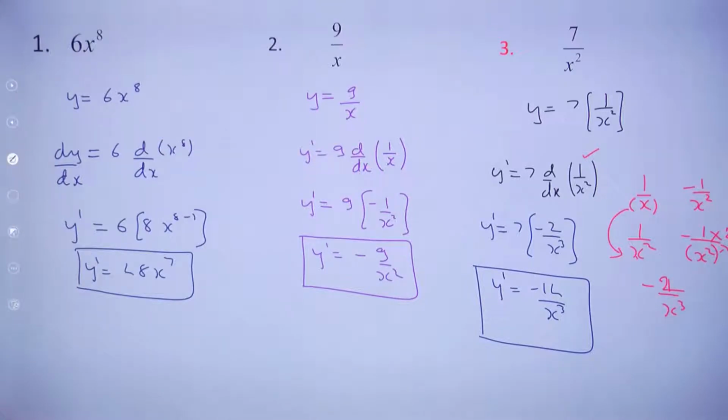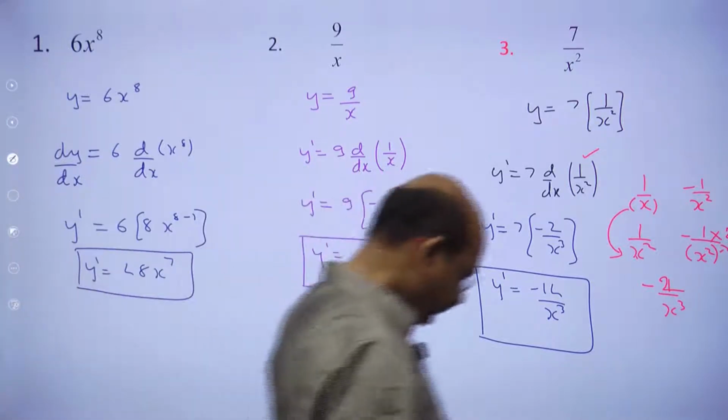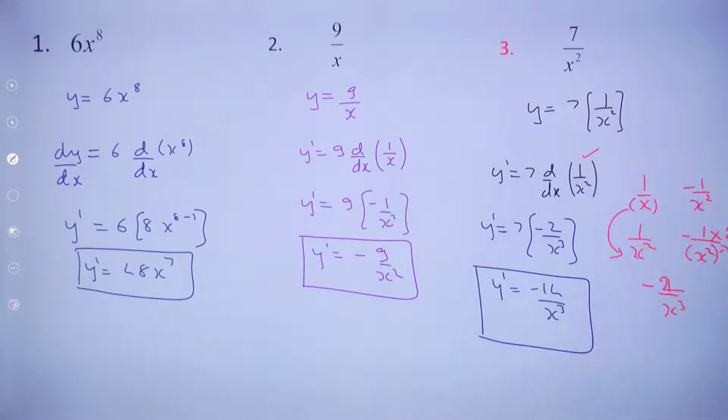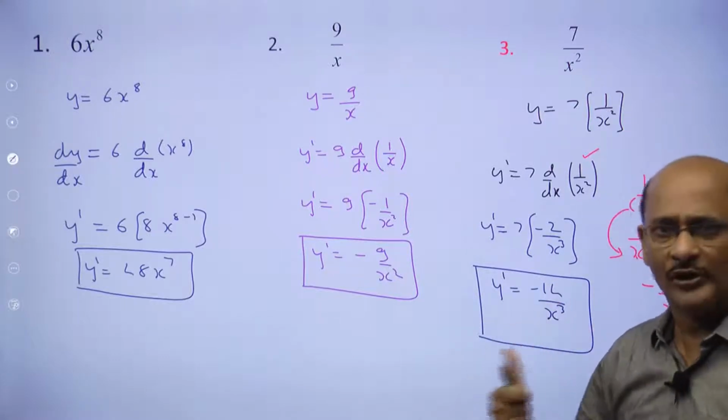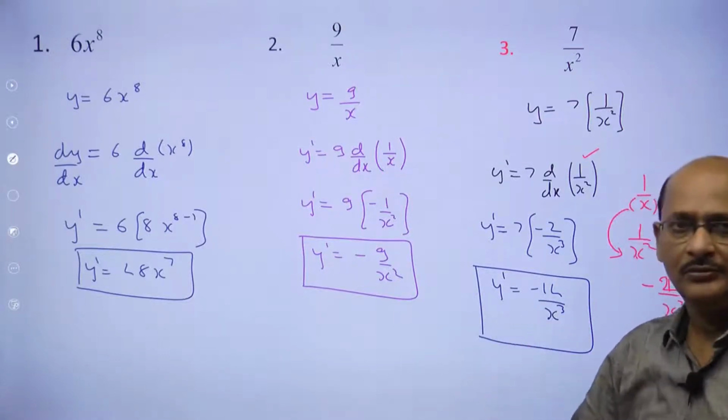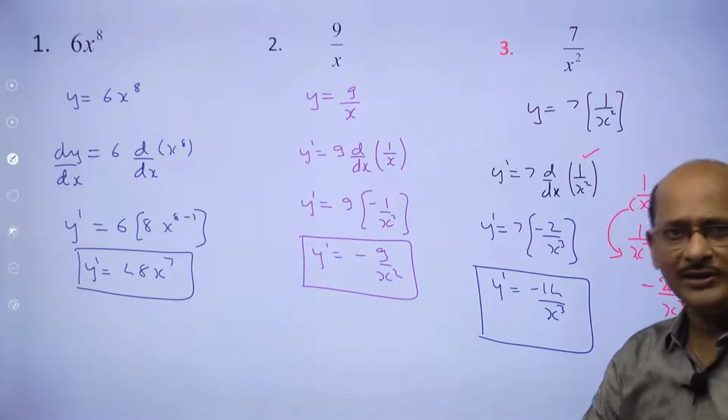I would request you to quickly pause and note it down. If you understood, fine, you can proceed to the next sum. Otherwise, you can pause and note it down properly, no mistake at your end. Your effort will be rewarded to you. Write, do it yourself.